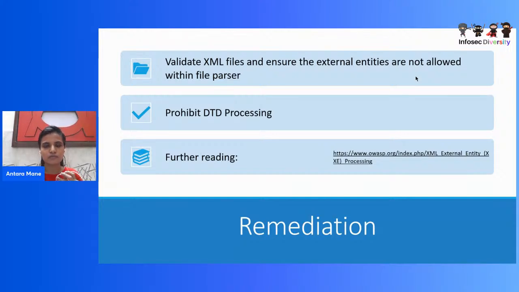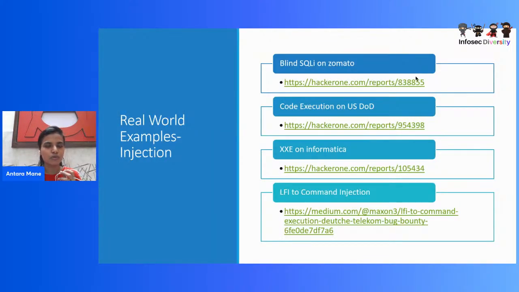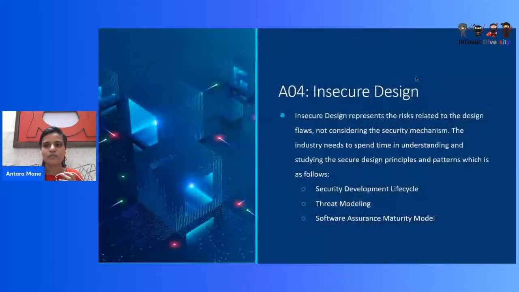If you want to understand it in a more efficient way, you can refer to the reference link. Here are a few real world examples of injection attacks: a blind SQLi on Zomato, code execution on US DoD, XXE on Informatica, LFI to command injection.